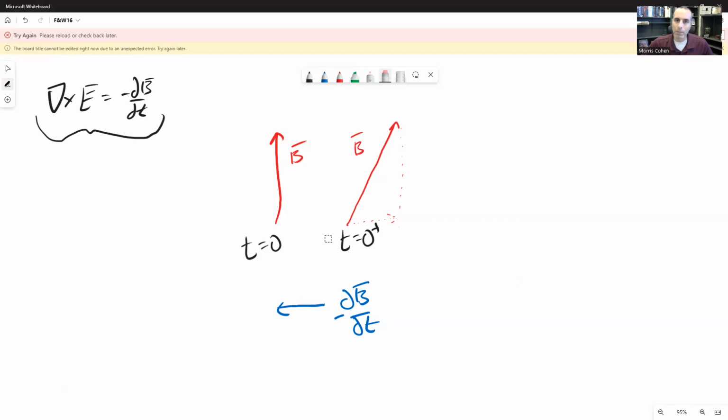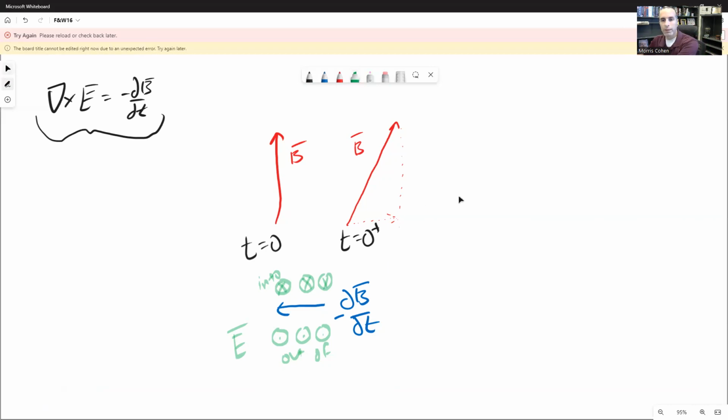If that's the case, the electric field lines will be coming out of the whiteboard on this side, and coming into the whiteboard on that side. This is into, and this is out of. These are the electric field lines. So that's Faraday's law: electric field lines are going to swirl around the time variation of the magnetic field.